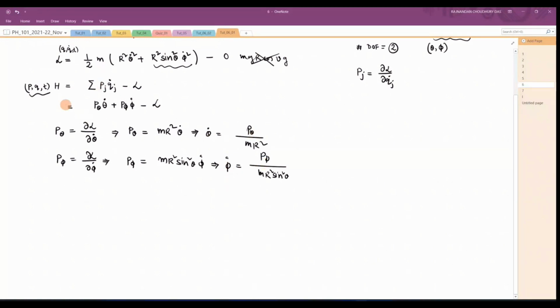So from here again, our Hamiltonian will become p theta times theta dot. Theta dot is nothing but p theta by m r square, so p theta square by m r square.